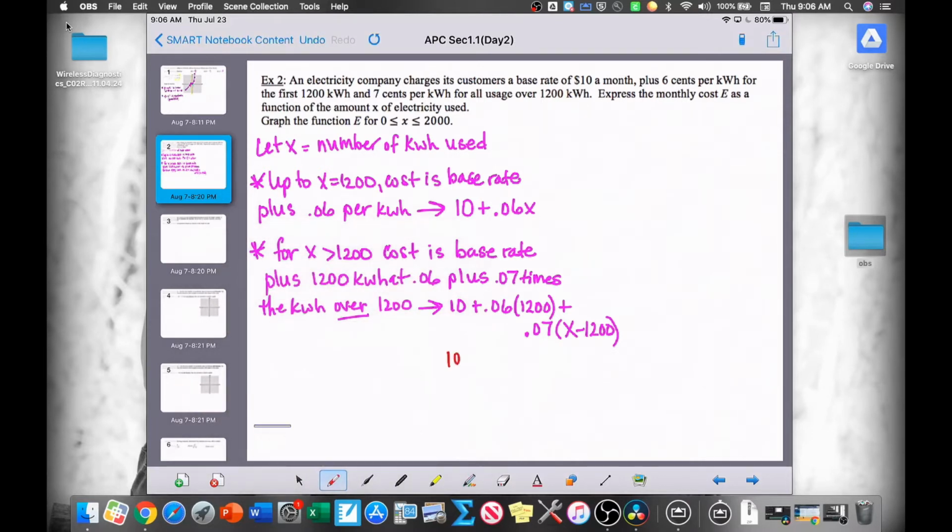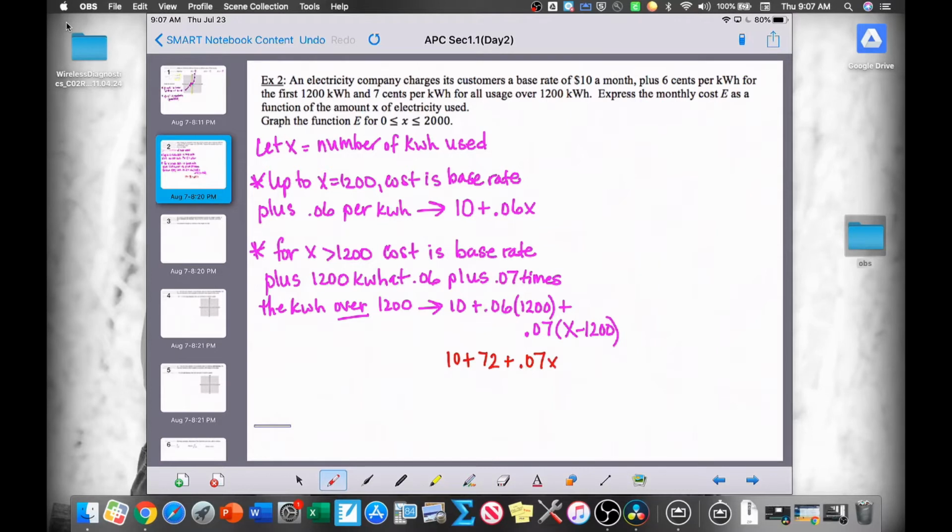We've got 10 plus the 0.06 times 1,200. If we simplify that, we get 72 plus 0.07 times x is 0.07x.